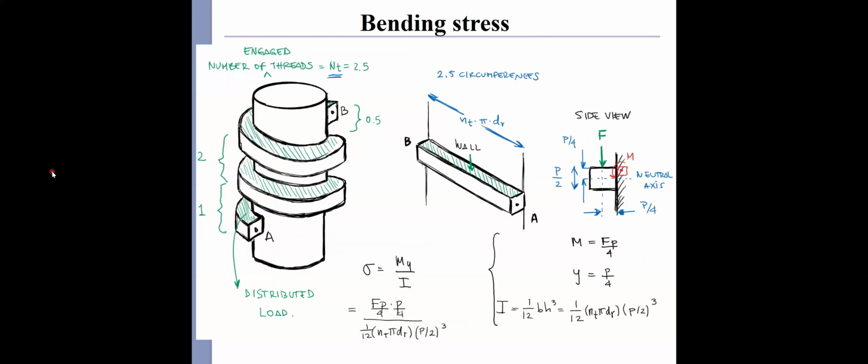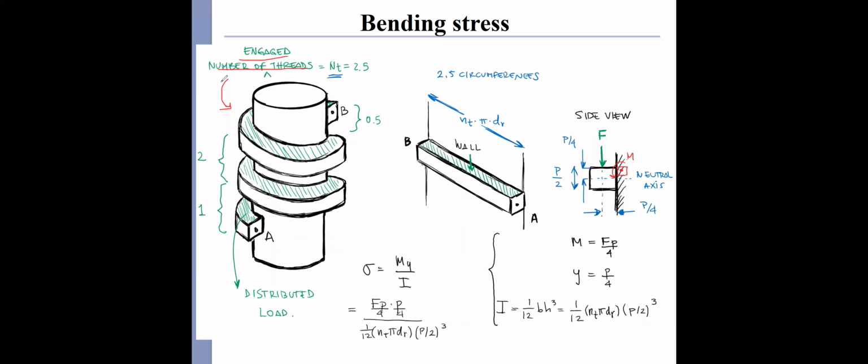The second stress we're going to discuss is the bending stress applied to that tiny critical element. If we look into the thread, the number of engaged threads in this case, NT, equals 2.5.